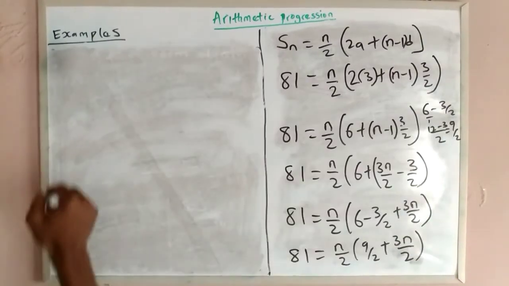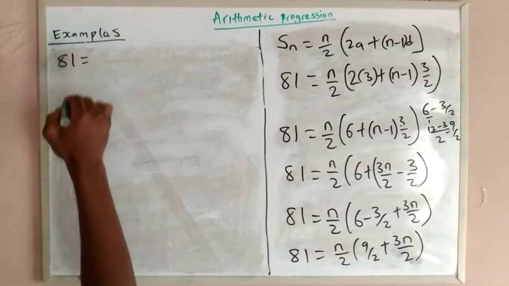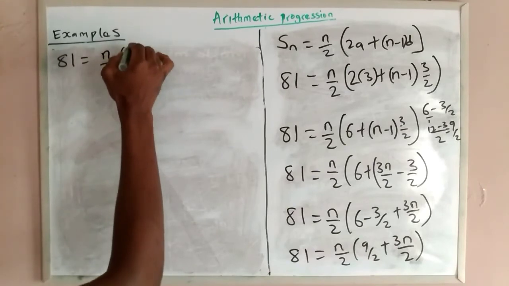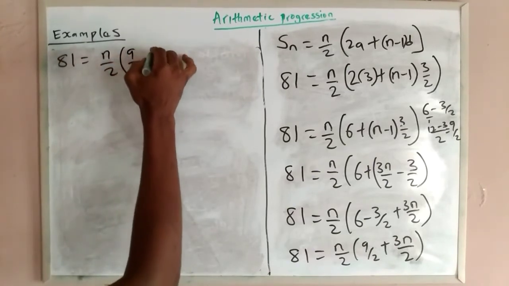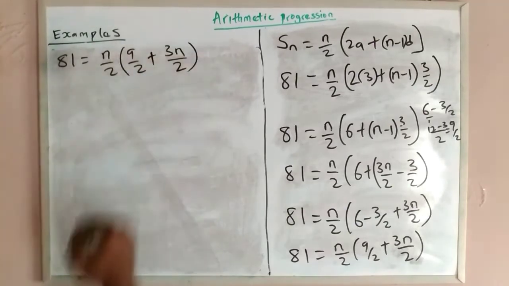From here, we have 81 is equal to n over 2 into 9 over 2 plus 3n divided by 2.